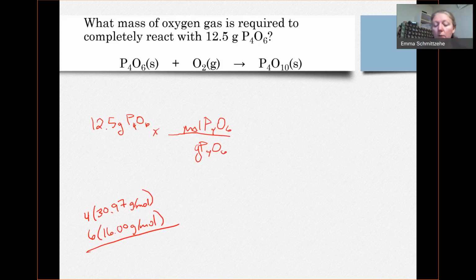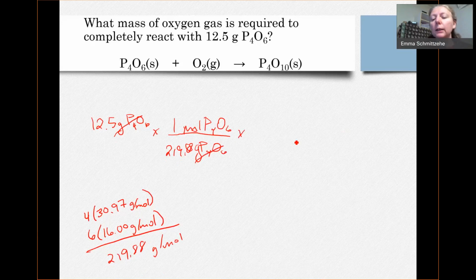And it looks like that gives me 219.88 grams per mole. And so that goes in as the grams, 219.88 grams per 1 mole. That's going to cancel my grams of P4O6. So now I have moles.